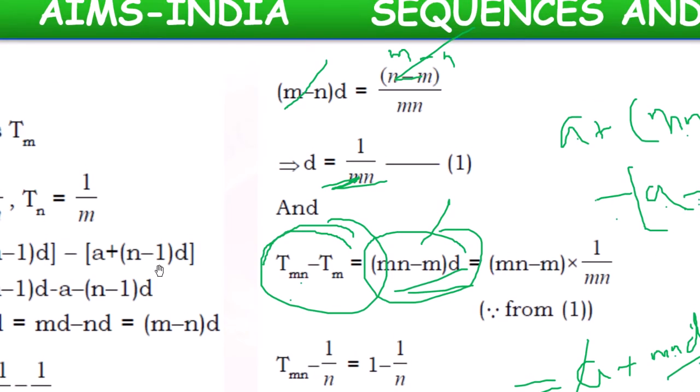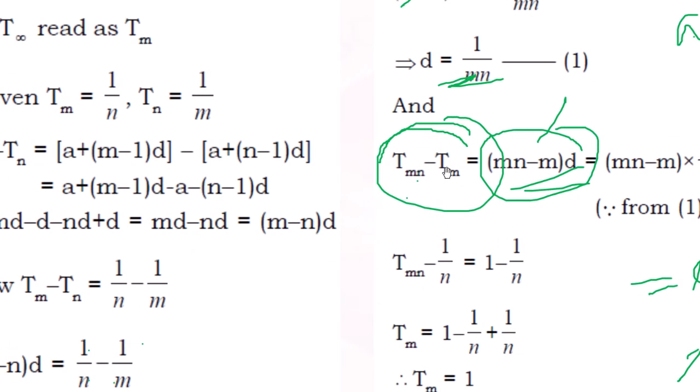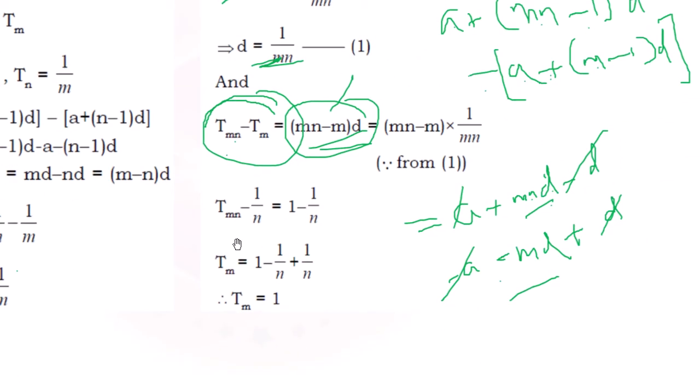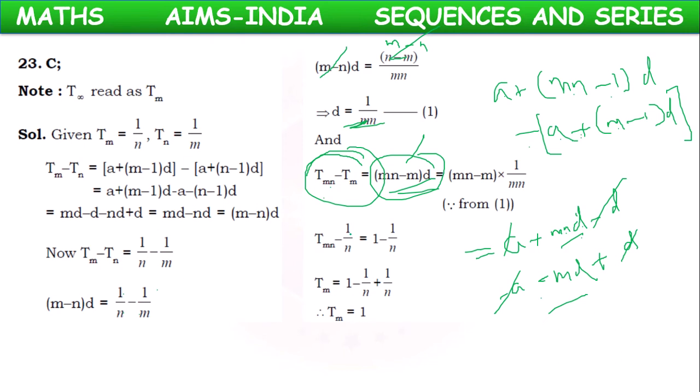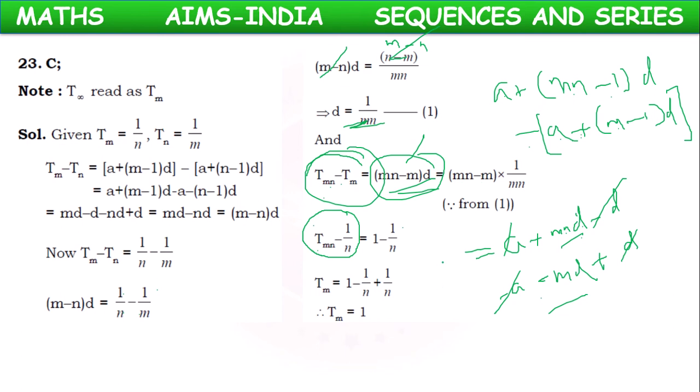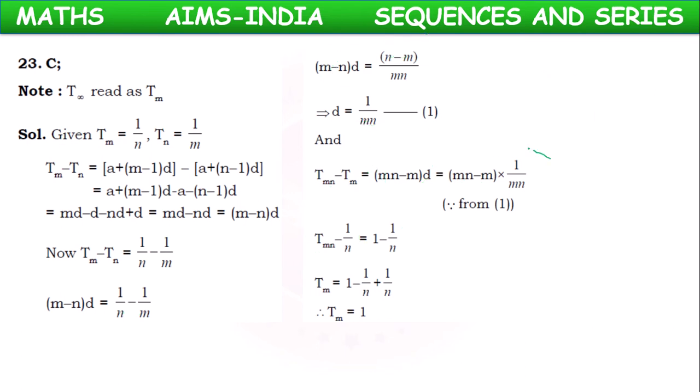And the Tm value, already we know, is 1 by n. So, children, if we simplify, this part is equal to mn by mn minus m by mn.